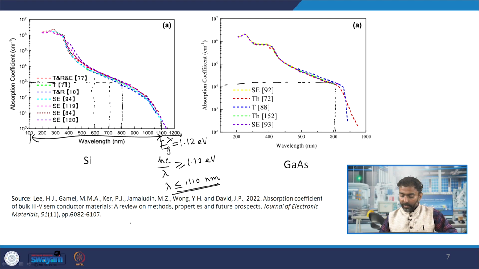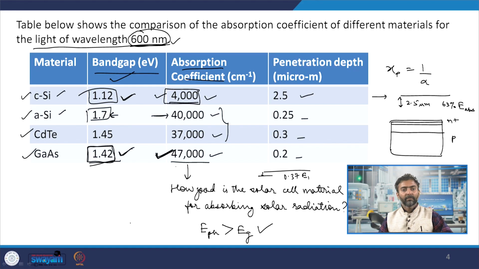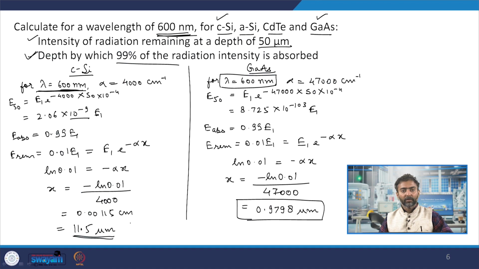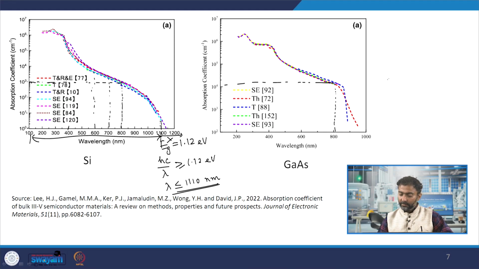On the other hand, for gallium arsenide, as we saw a few slides back, the value of band gap is 1.42 electron volt. So, if you do a similar calculation for gallium arsenide, your Eg is equal to 1.42 electron volt. The energy of the photon hc by lambda should be greater than or equal to 1.42 electron volt, and if you solve it out you will see that your lambda should be less than or equal to around 875 nanometer.